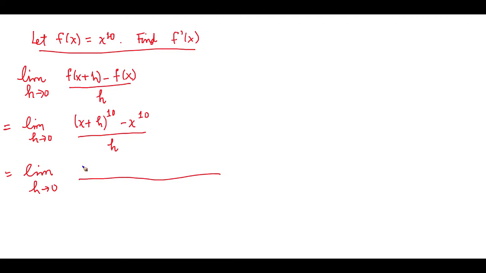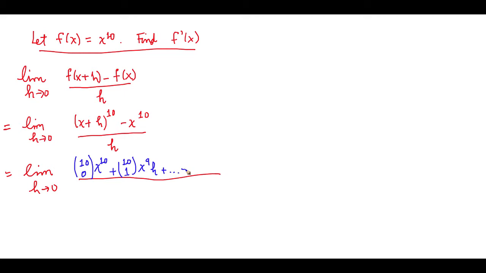So we know x plus h to the 10th using the binomial theorem. All right, so that's very important. If you don't know what the binomial theorem is, please look it up and watch the previous video. The binomial theorem tells us that we're going to have 10 choose 0 times x to the 10th h to the 0, plus 10 choose 1 x to the 9th h to the first power, plus dot dot dot.